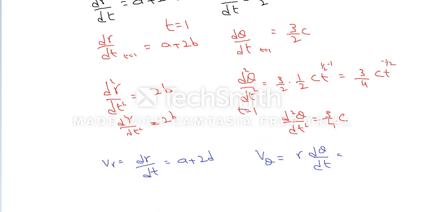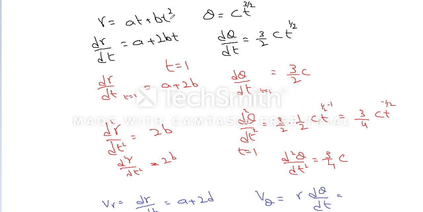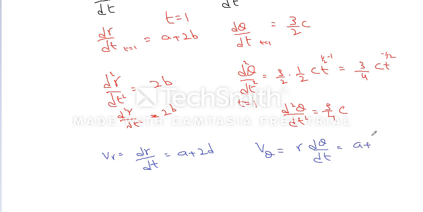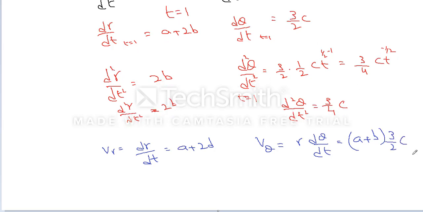So the value of r is at plus bt square, and at t equal to 1 it will become a plus b, so a plus b, and the value of d theta by dt is 3 by 2 c. So these are the radial and transverse components of velocity.